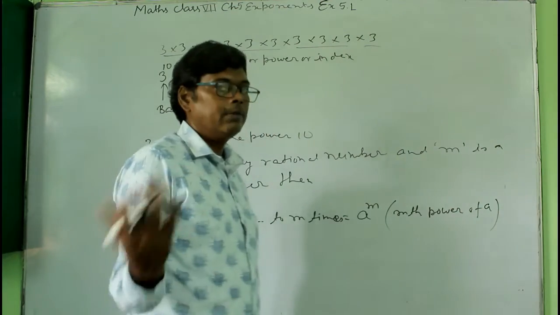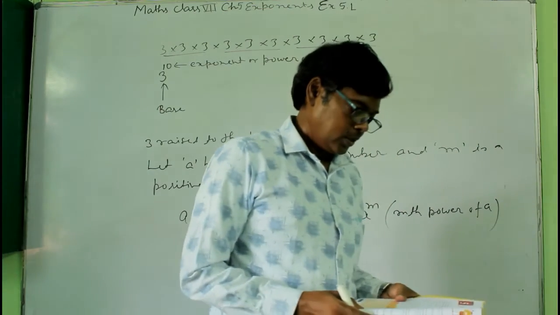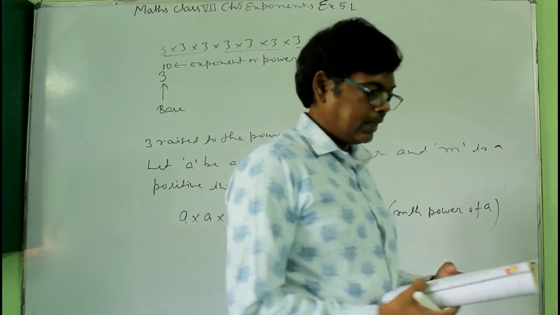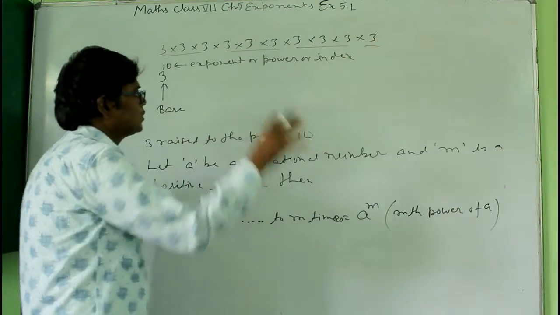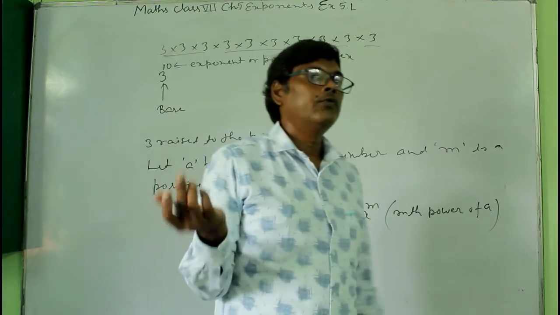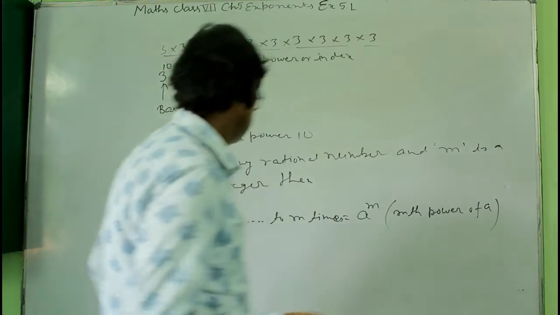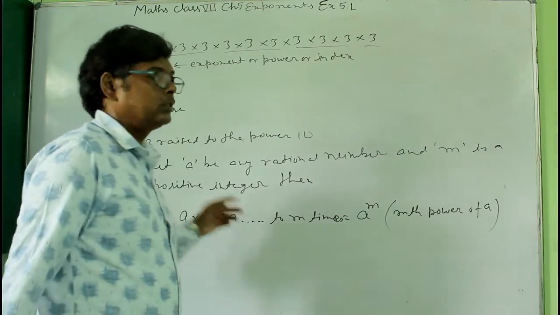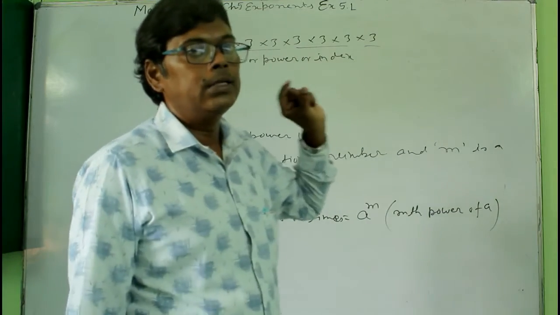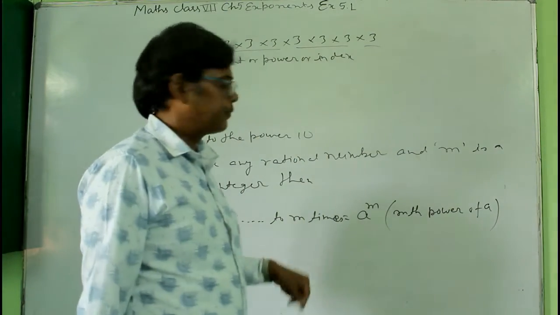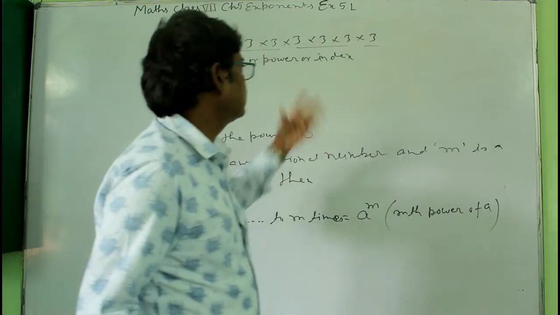I explained what exponents mean, what the base and the exponent are, and this is the general form, because earlier we took a particular number, but here a can be any rational number and m can be any positive integer.